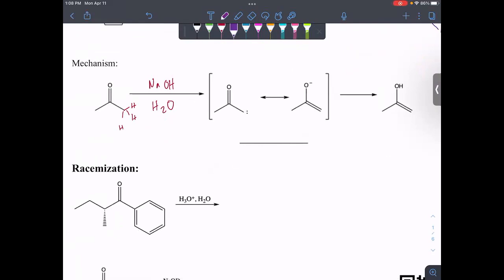But all you do, you take your base and you abstract an alpha proton, and then the bond breaks and creates an alkene between the alpha carbon and the carbonyl carbon. And then the pi bond goes up to the oxygen. So it's just a basic elimination reaction.